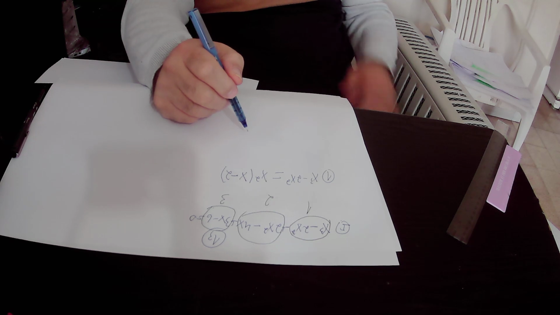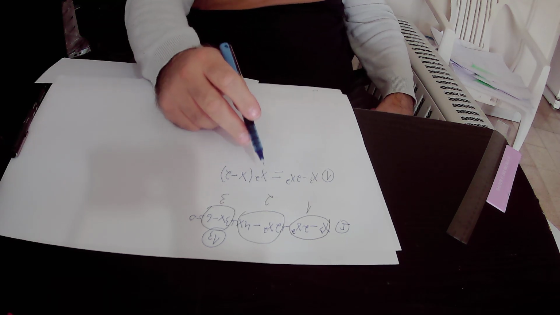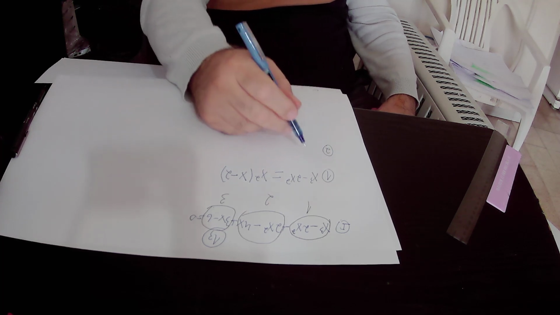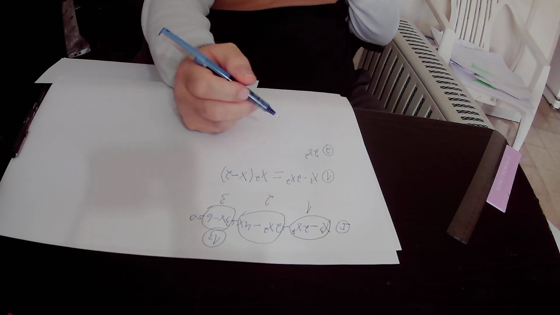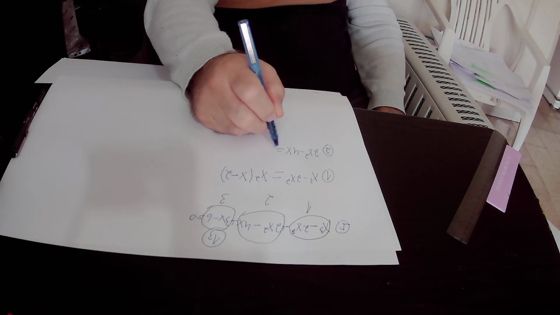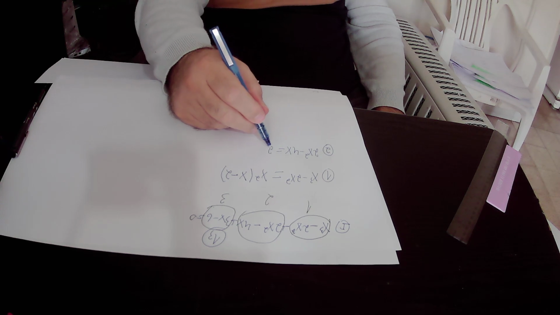Okay, we will do the same process on expression number 2. Expression number 2 is 2x squared minus 4x, and the common factor that we will take from this expression is 2x.